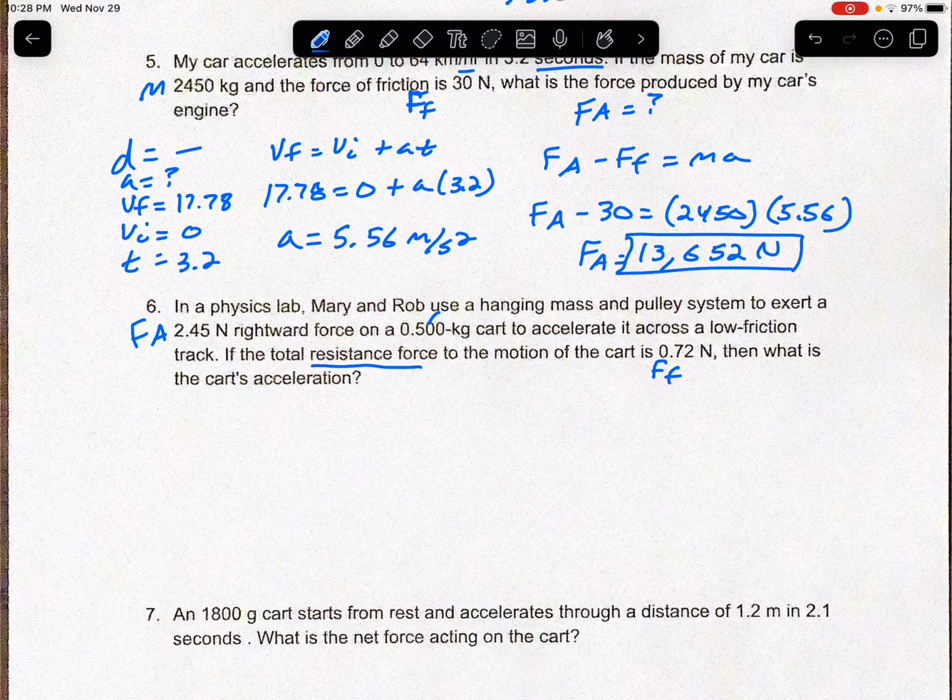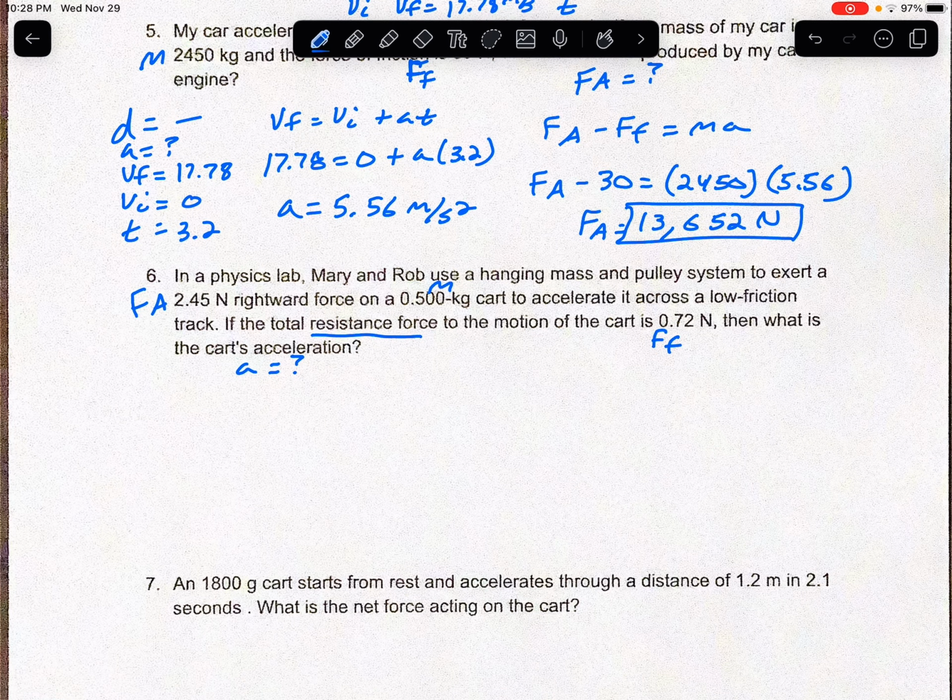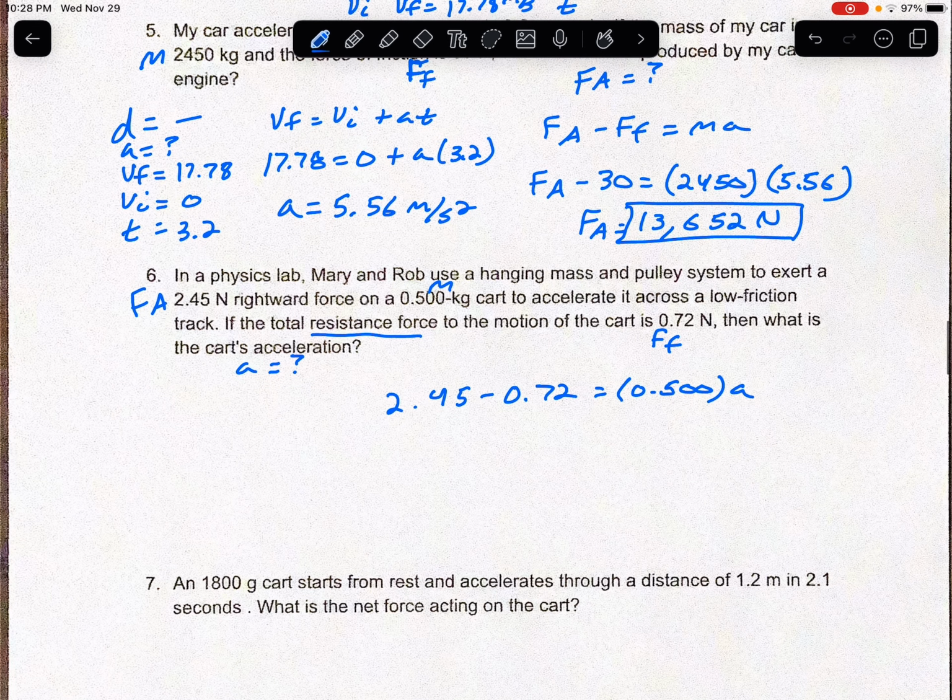And then I also was given mass, and we're looking for acceleration. So I don't have to do Daffy T or anything like that. It didn't give me anything, so all I got to do is just plug in. So FA minus FF, so 2.45 minus 0.72 equals my mass, which is 0.500, times A. So 2.45 minus 0.72, and then divide both sides by 0.5, and you get acceleration of 3.46 meters per second squared.